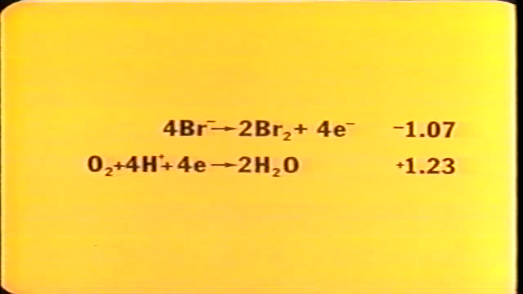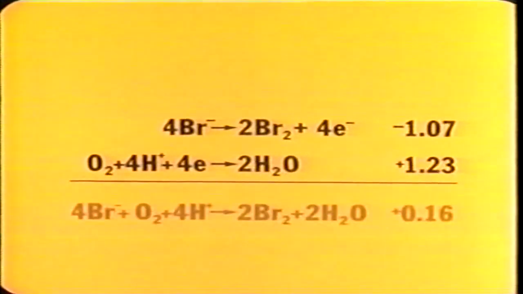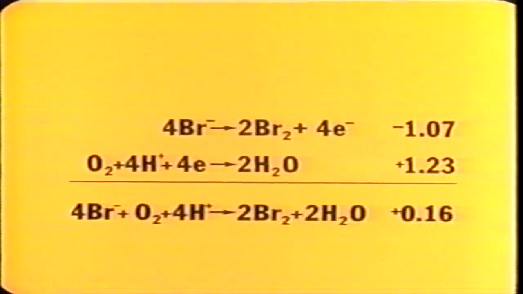The E0 value for the oxygen is plus 1.23 volts. For the sum of these half reactions, E0 is plus 0.16 volts. The positive value indicates the reaction should occur if all concentrations were 1 molar.